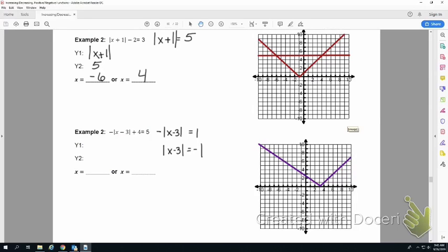And then now I've got y equals negative 1. So if the solutions are where they cross, and they never cross, then there's no solution. It almost makes too much sense.